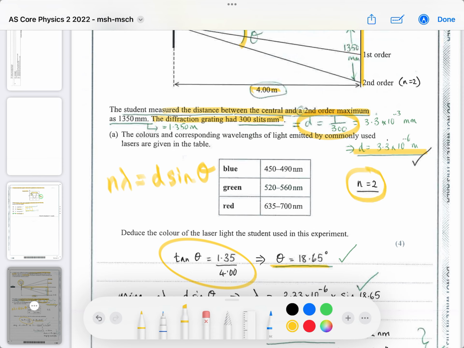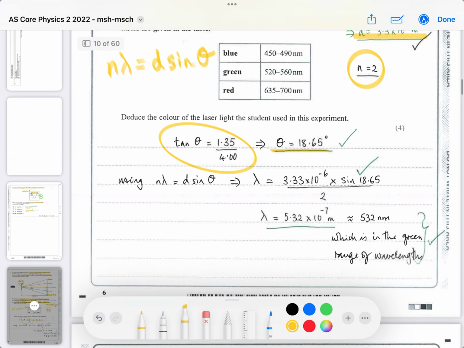We want to use n equals 2 in this equation because we're looking at the second order position for this question, and then we've got to work out the wavelength, and from the table provided we're going to work out which color laser is being used. So the equation n lambda equals d sine theta is here.